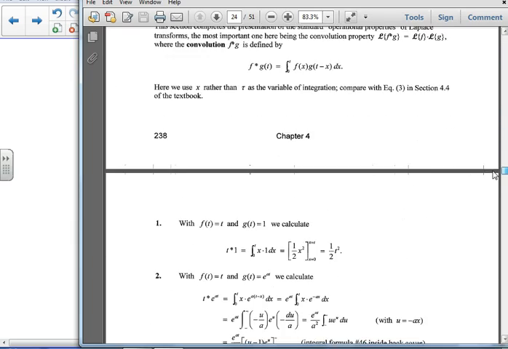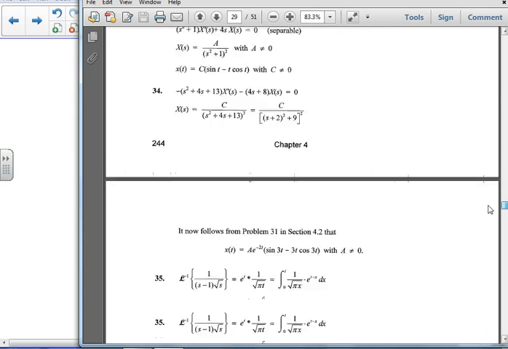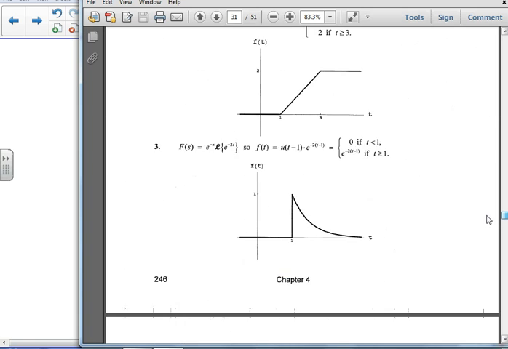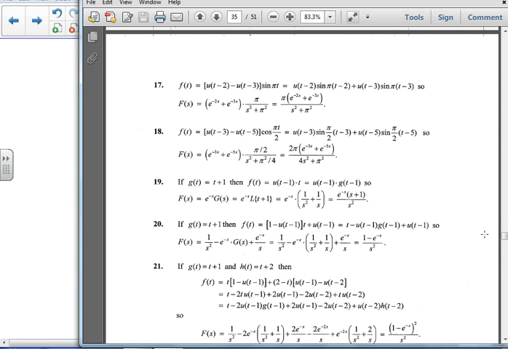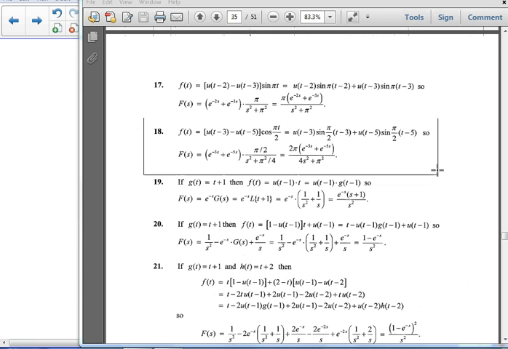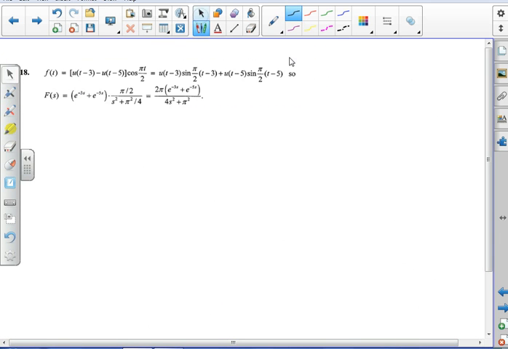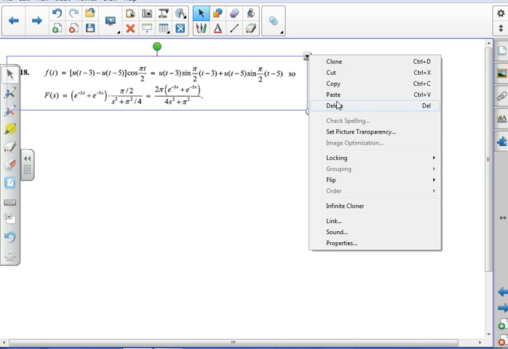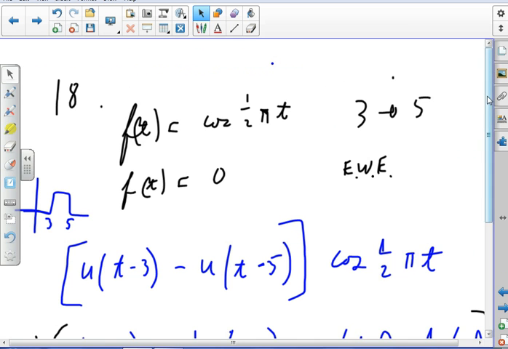The thought of the class is that my answer to number 18 is not algebraically correct, that it is the same as the answer in the book.